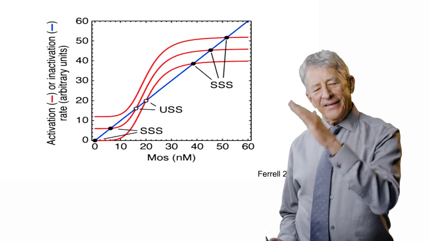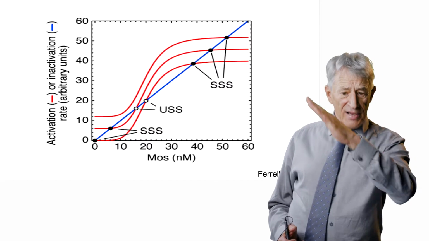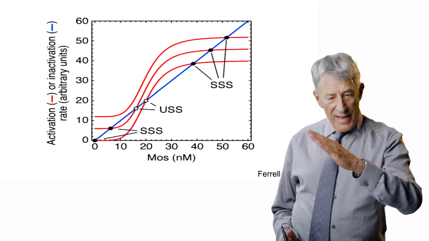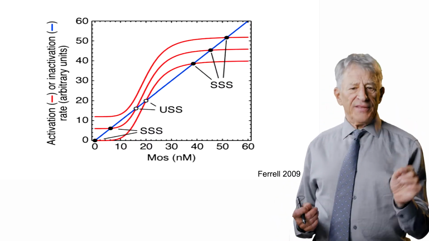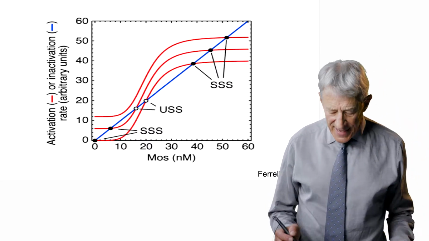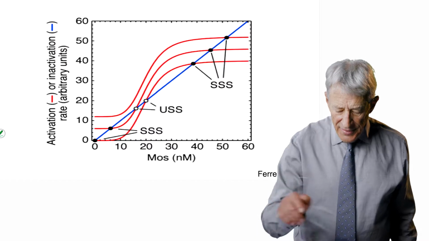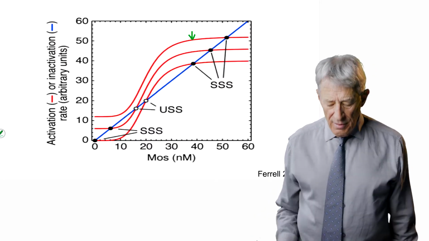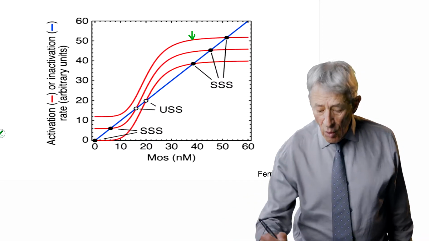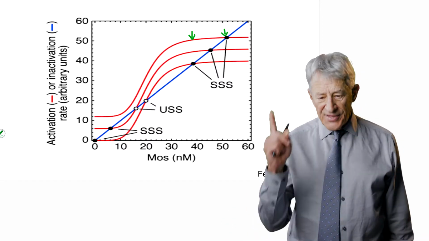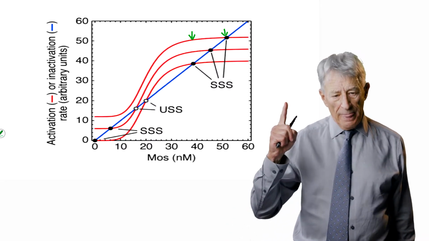Now, this is a slightly different case. The straight line is fixed and the sigmoid moves up and down. But you see that the geometric effect is exactly the same. This sigmoid crosses the blue line once, right there, has a single steady state.